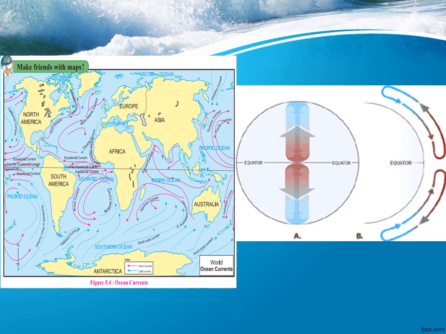As you know, towards the equator it is very hot, which results in warm currents, and it is cold towards the poles, which results in cold currents. Because of this difference in temperature, the warm current flows from the equator and the cold current flows from the poles.